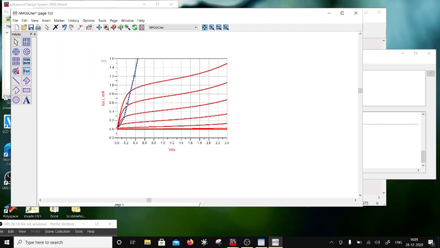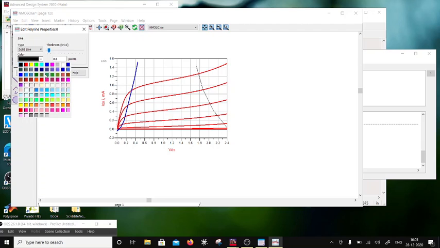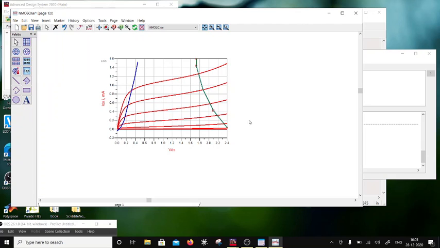The region on the left side of this is known as the triode region. This region is the saturation region. And if I consider a region far beyond, the current will take off. That region would be called the breakdown region. So we are supposed to operate the device in this saturation region.